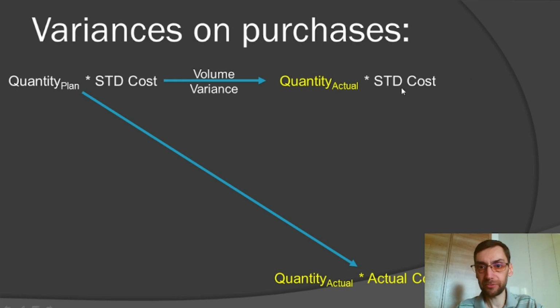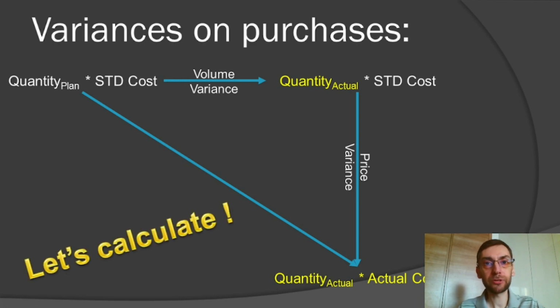Then the second part, you keep the actual quantity in both, as you can see here, but instead of standard cost, you put what you actually paid to your supplier. This is what we call the price variance. You compare the same quantity, the real quantity, with the price difference between planned price and actual.